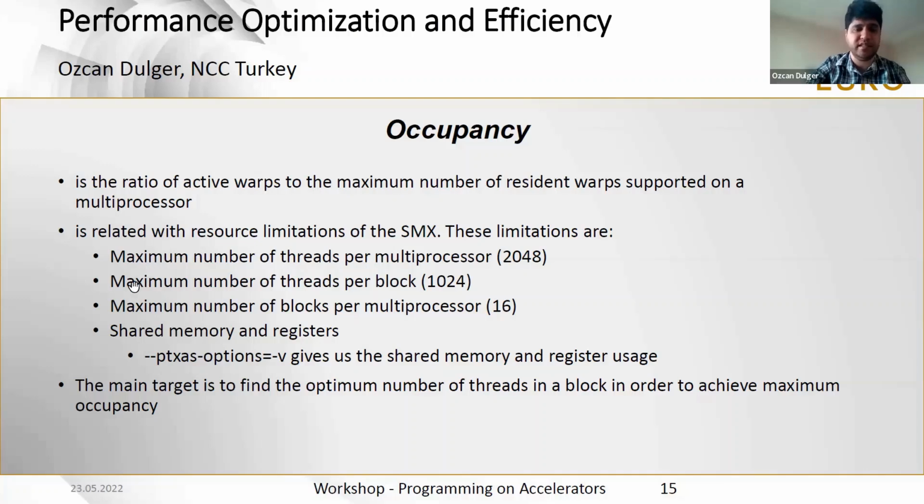And the second limitation is the maximum number of threads per block. That means 1024 threads can be created in a block. And the third limitation is the maximum number of blocks per multiprocessor. So that means 16 blocks can be active in a multiprocessor. And the fourth one is about the shared memory and the registers.